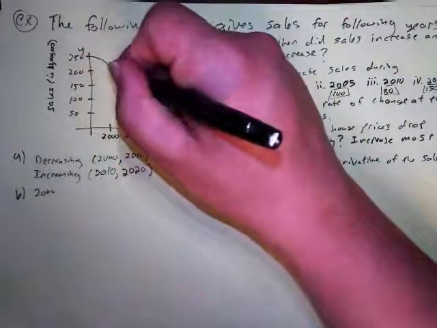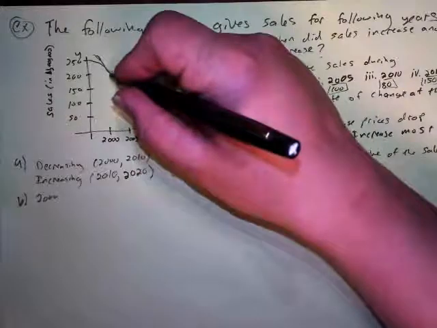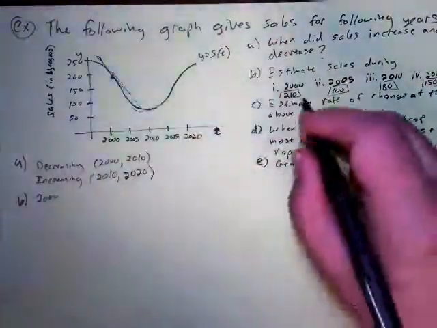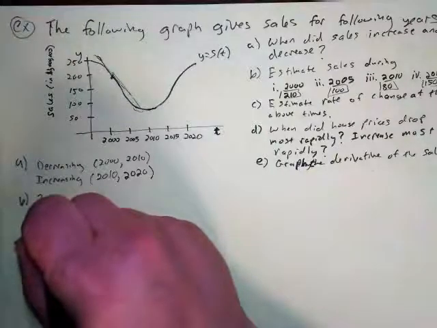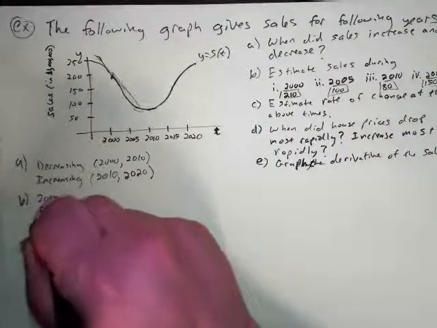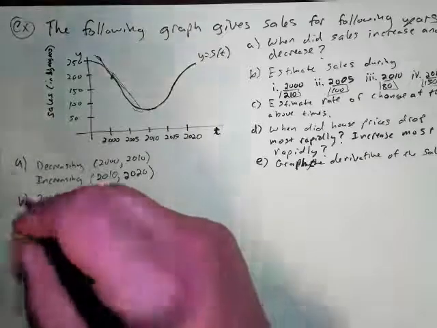So here's 2000, and what I could do is I could do a tangent line, right? And then on this tangent line, so here at 2000, I said it was 210. So I'm going to just do f prime of 2000, and then I'm going to do approximately.